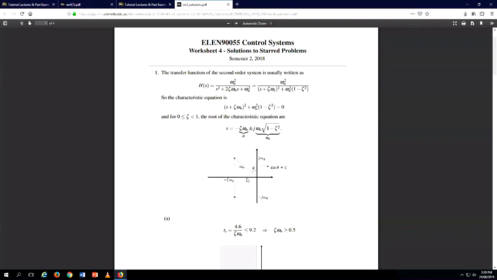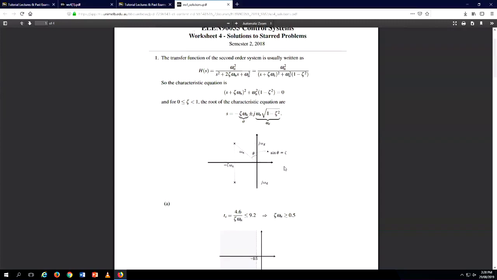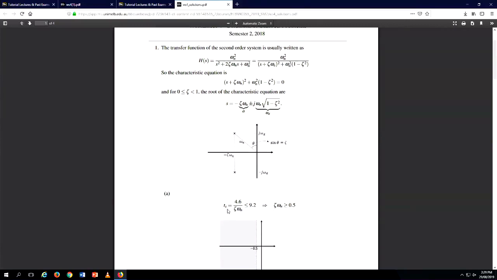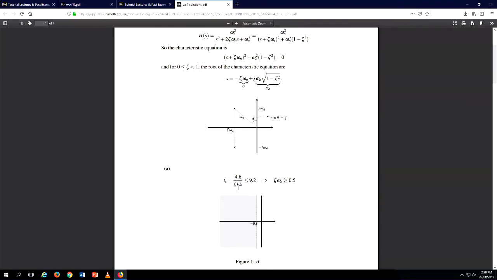In particular, we related settling time to the real part of the poles, right? We said that settling time should be 4.6 over sigma, or sigma should be 4.6 over Ts, right? So we are asked to make settling time smaller than 9.2.